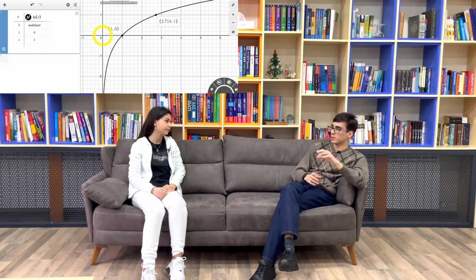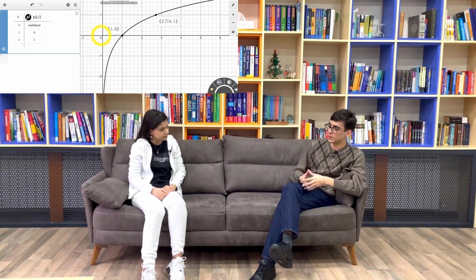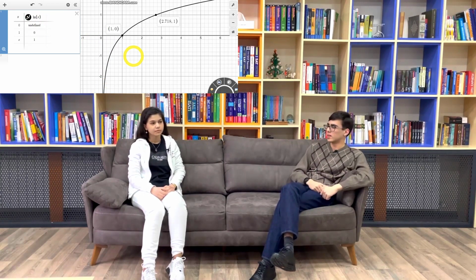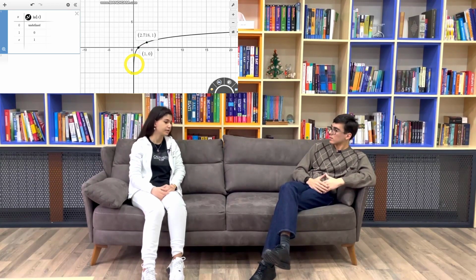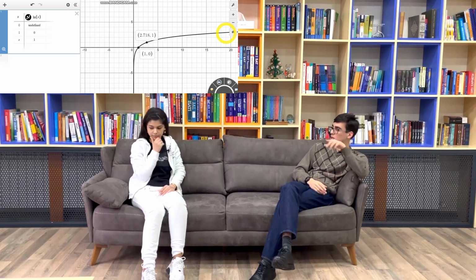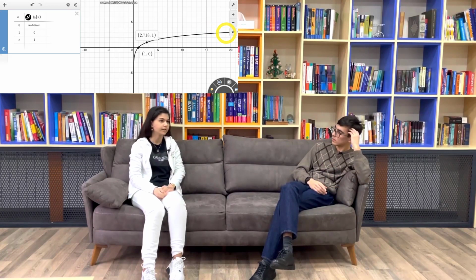And as I said before, there's the discontinuity at the origin, so I can assume that its first derivative will be undefined at x equals 0. Yes. Anything else? It's quite interesting because when the x value gets larger and larger, the graph itself is flattening out. It's just slowing down.